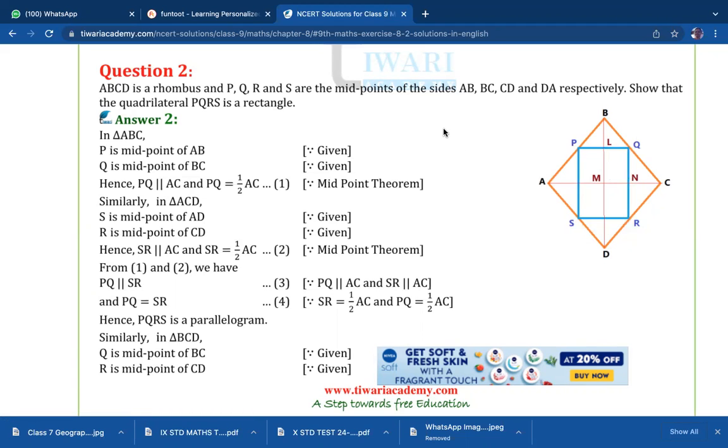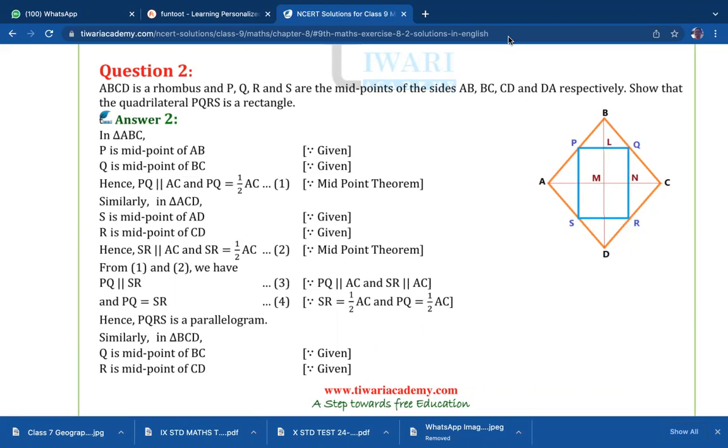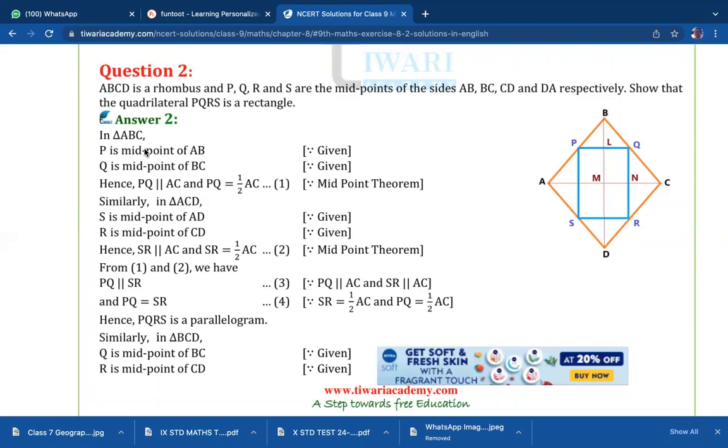So very clearly it's understood that it is again the midpoint theorem. So dear students, let's start with the answer. When you join the opposite vertices, that is A and C, you get diagonal AC and BD. Let me take first the triangle ABC.